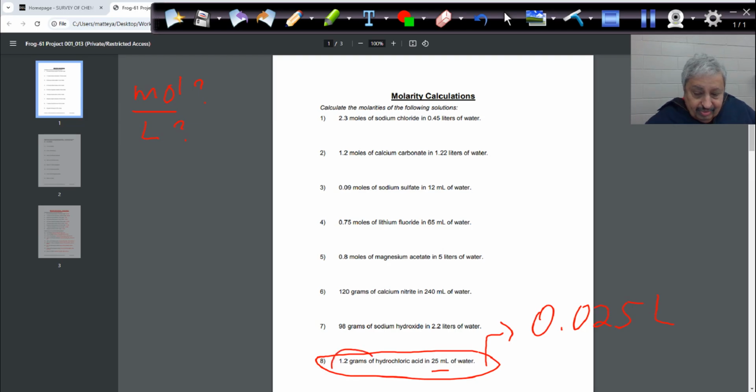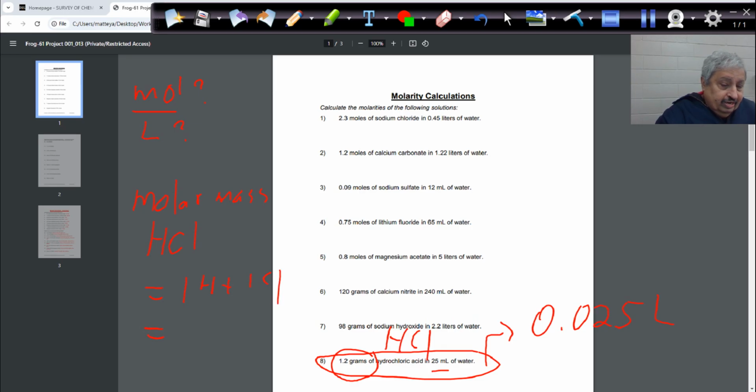How about the 1.2 grams of HCl? HCl, H and Cl, hydrochloric acid. I have grams, but I need moles. What should I do? I use the molar mass, correct? The molar mass of HCl equals one hydrogen plus one chlorine.